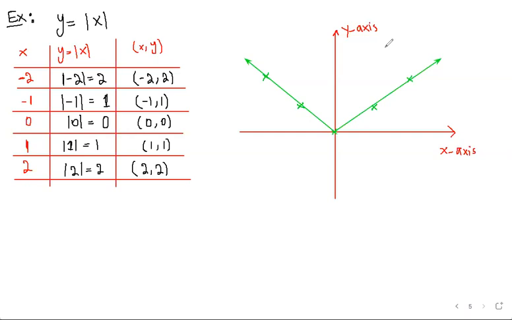Okay, now let's go to the intercept. So we have two kinds of intercept. We have x-intercept and y-intercept.